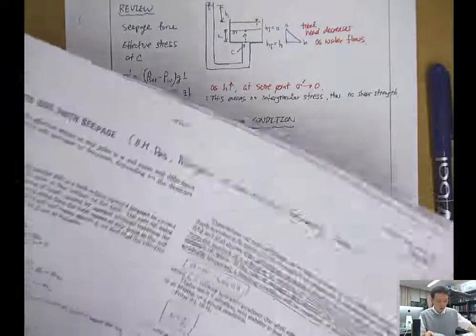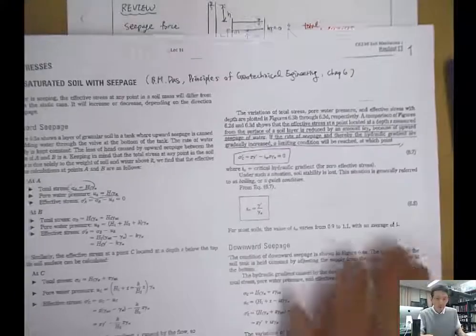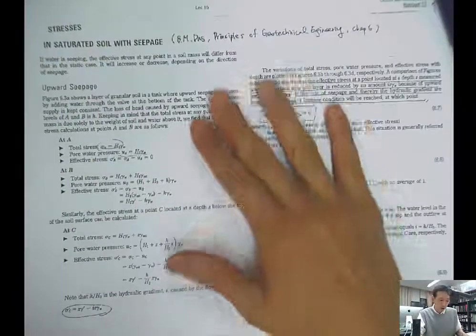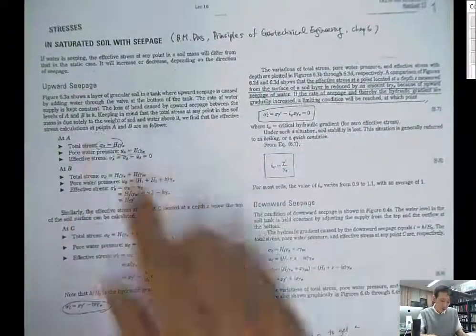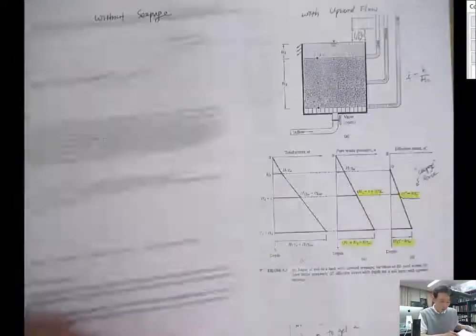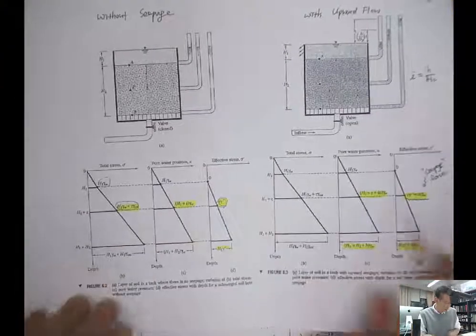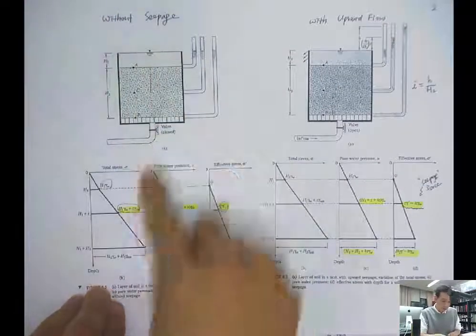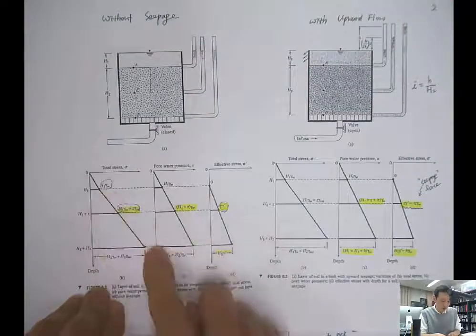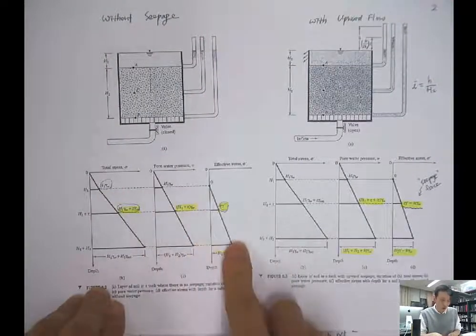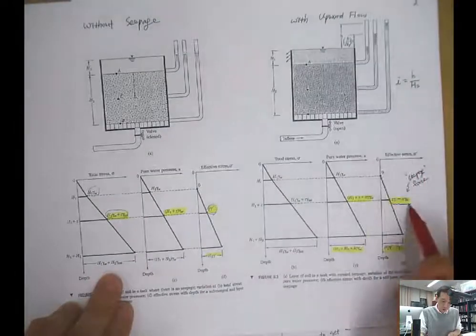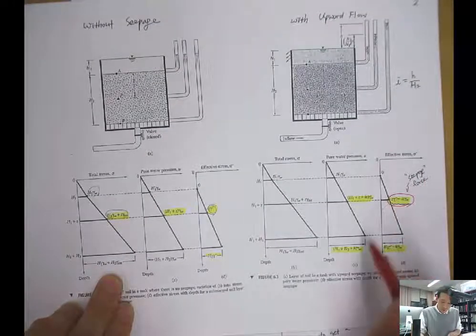And if you look at the handout here, it has more details about upward seepage and downward seepage, and it has really good drawings also. Without seepage, you have a static total stress, pore pressure and effective stress. And with the upward flow, you have this component, right?